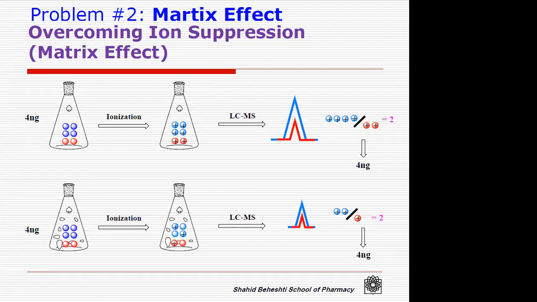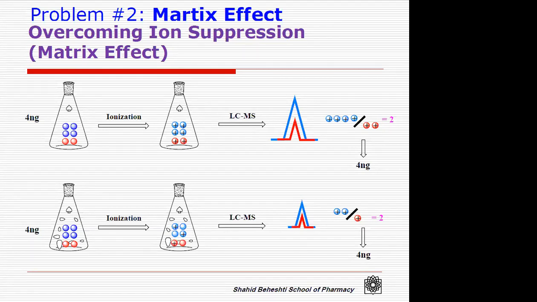And since the labeled compound is not natural, the concentration of the labeled compound at the beginning is 0 in the sample. I add a certain amount of the labeled compound at the beginning of the analysis to the sample. And then I go through the extraction processes and through the ionization processes, and then I get a signal.